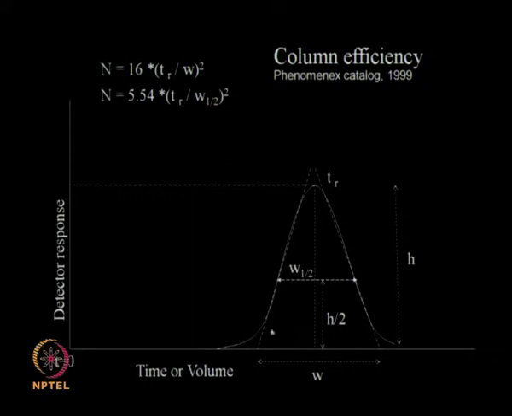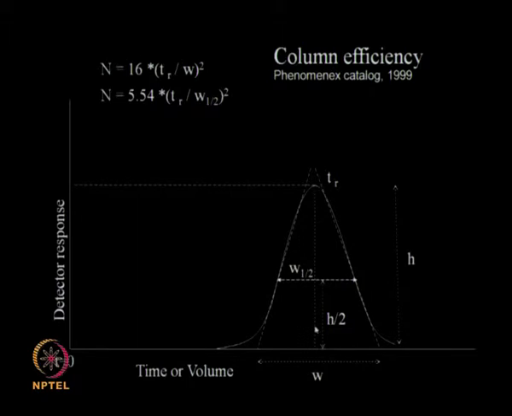You can also use it as retention volume, that means the volume of the continuous phase we collect until the peak reaches the maximum. Now if you draw two tangents at the inflection points, and measure the width at the base, that is called W, the width at the base, and we can also have something called the half width at the maximum.